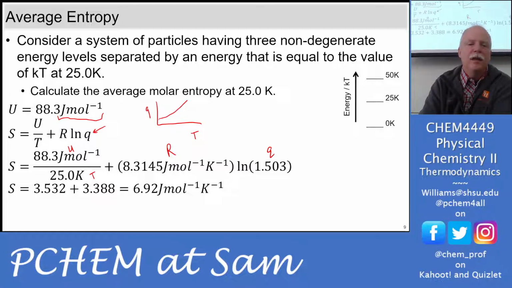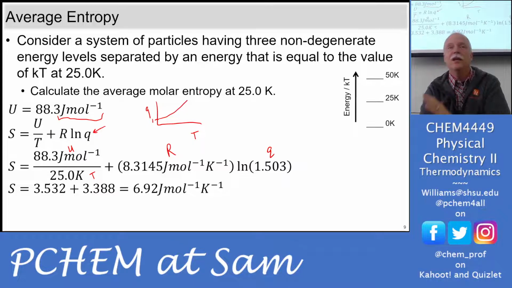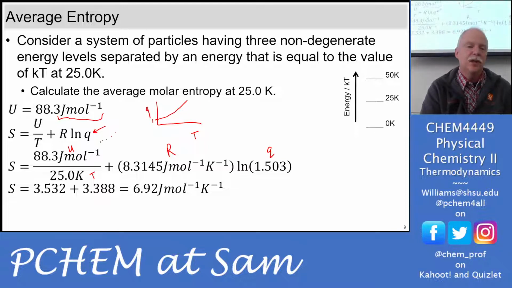It converged to 1 here, where we only had one energy level populated, but as you raised the temperature, it went up. Either it went up linearly, like in a vibrational situation, or to the 5/2 power in translation. So if Q goes up, then you're going to get an entropy that goes up.